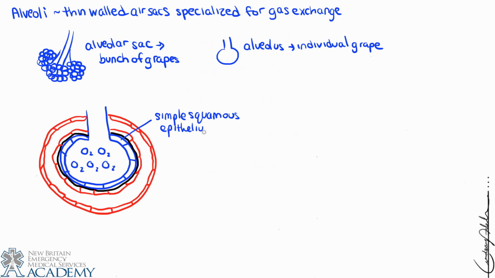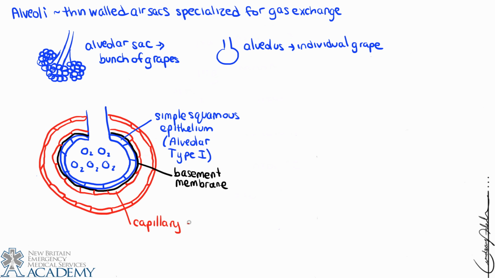These are called alveolar type 1 cells, and it's just a single layer of cells that are attached to a basement membrane, and then right on the other side of that basement membrane is the capillary endothelium. So remember, the capillary endothelium is basically the epithelial cells that make up the capillary, and it's also simple squamous epithelium, and of course, being simple, it's a single layer.